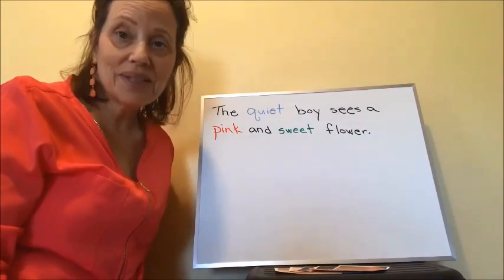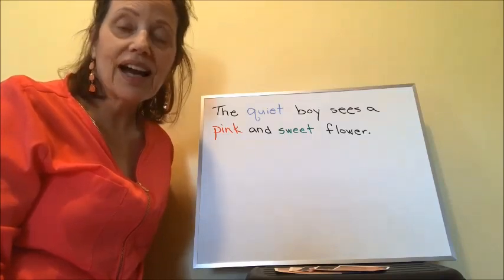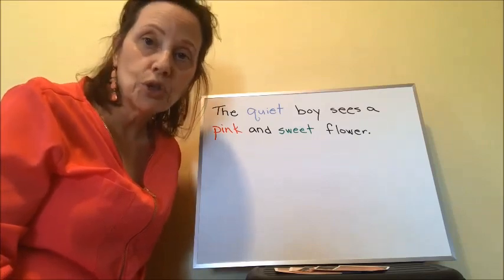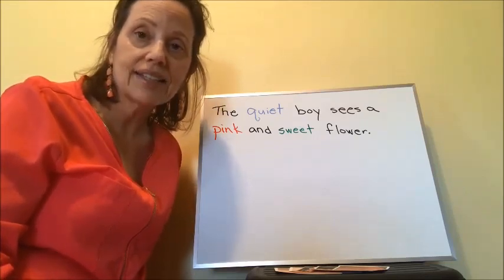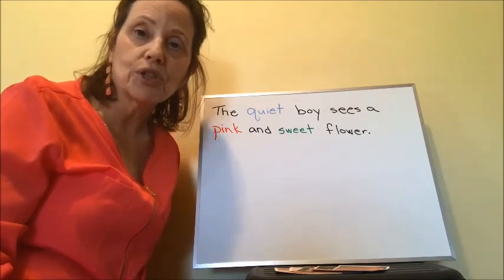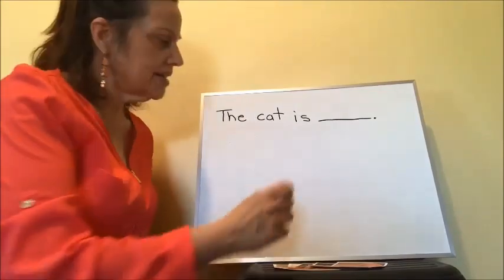Could you think of some sentences that you can make better using describing words? I think you can. I'm going to put a sentence up here and then you bring it to your next class meeting and show us what kind of a describing word you put in it. Okay, here's the sentence.